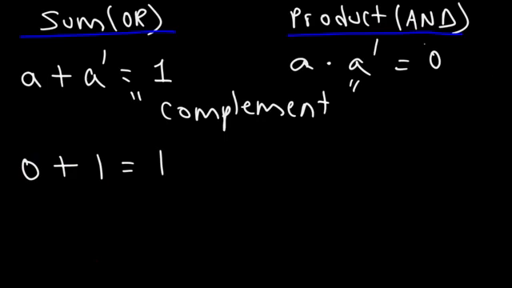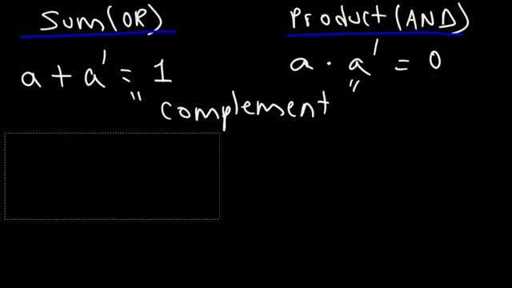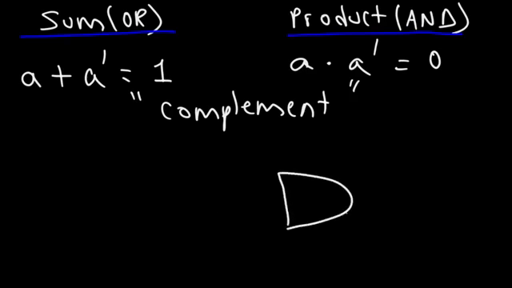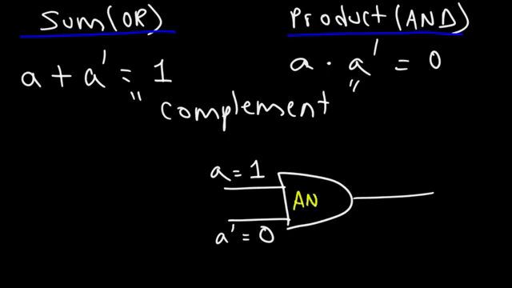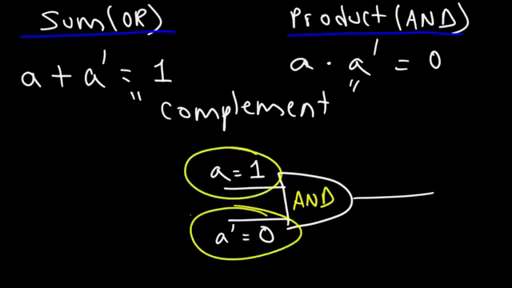Now, for this one, we're dealing with the AND gate. So let's draw that circuit. So let's say we'll call this A and A prime. If A is on, that means the other one, A prime, will be off. Now when dealing with the AND logic gate, the only way the output will be on is if both inputs, A and B, or in this case A and A prime, are both on, because keyword AND.